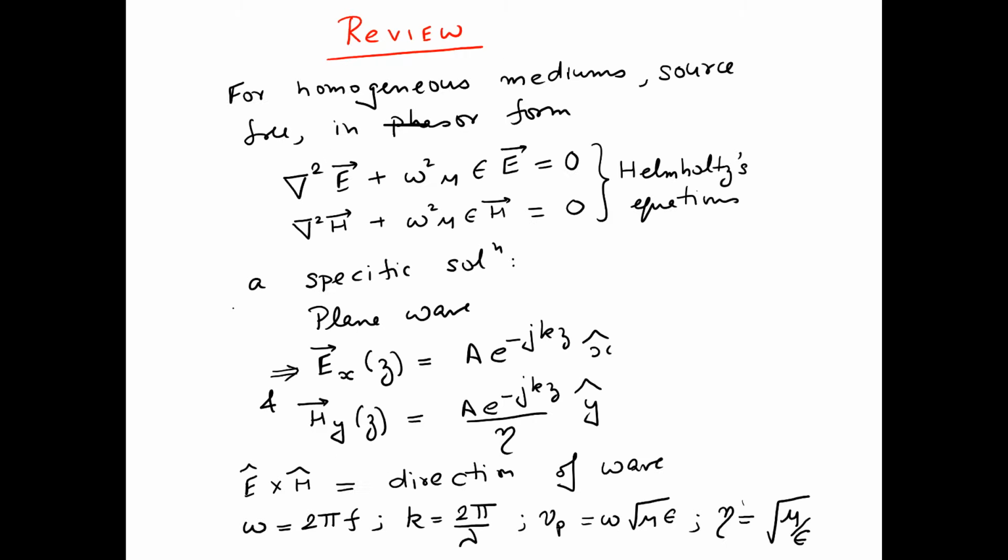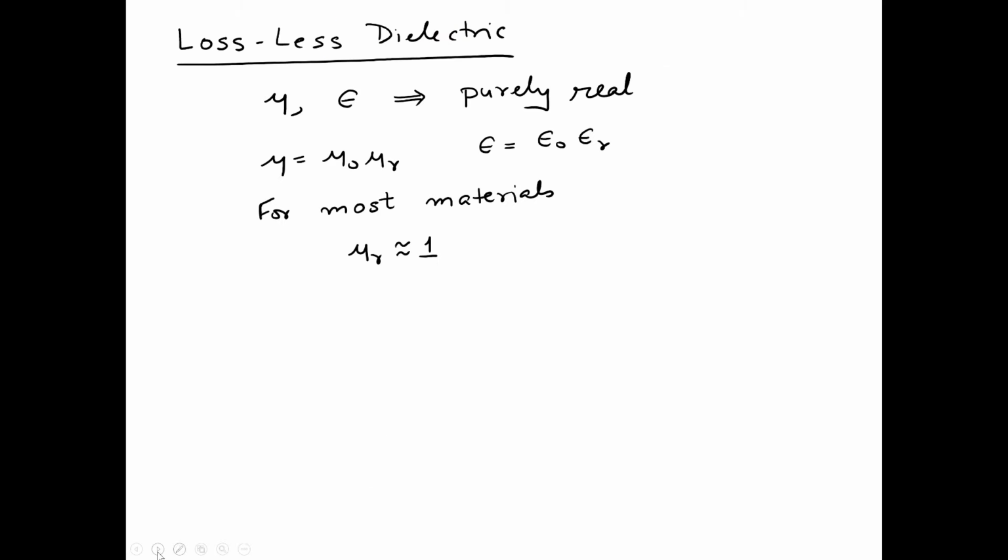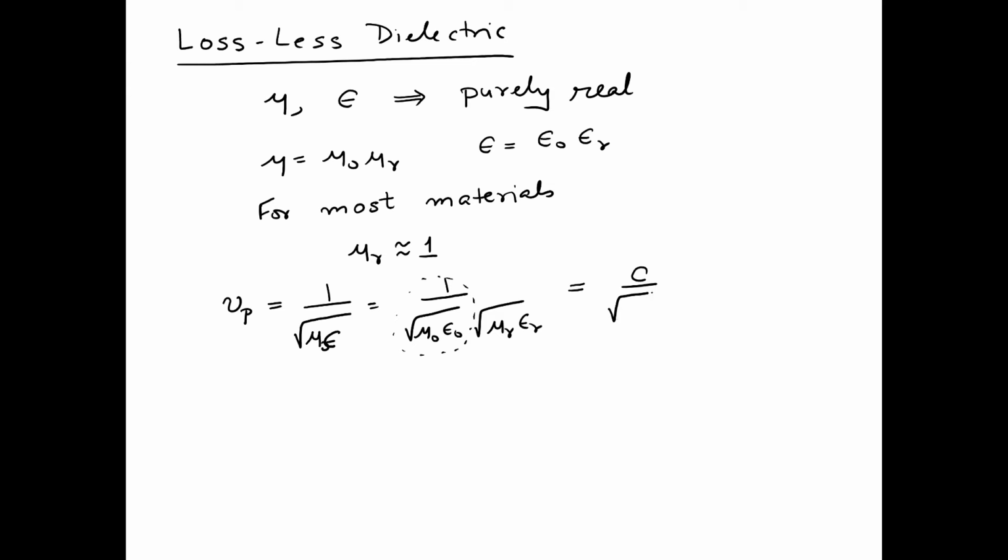If I now consider phase velocity, square root of mu epsilon, that becomes square root of mu naught epsilon naught, square root of mu r epsilon r. But that, as we had seen yesterday, is nothing but the speed of light. So the phase velocity becomes c divided by square root of mu r epsilon r.